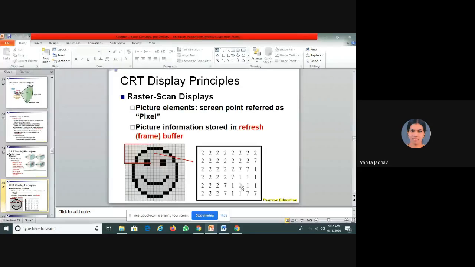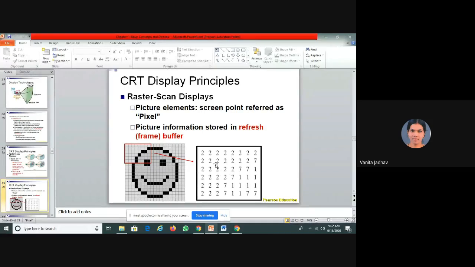What is the binary equivalent of 2? 0, 1, 0. And what is the binary equivalent of 7? 1, 1, 1. Very nice. So these are nothing but the 3 color shades which we have shown over here. Only 2 colors we have taken in this example, black and white. So this is nothing but the example of a frame buffer.